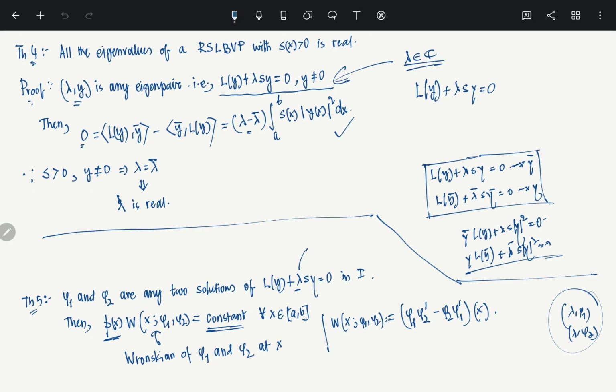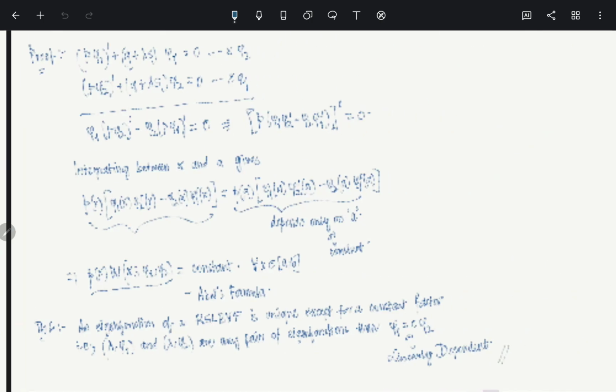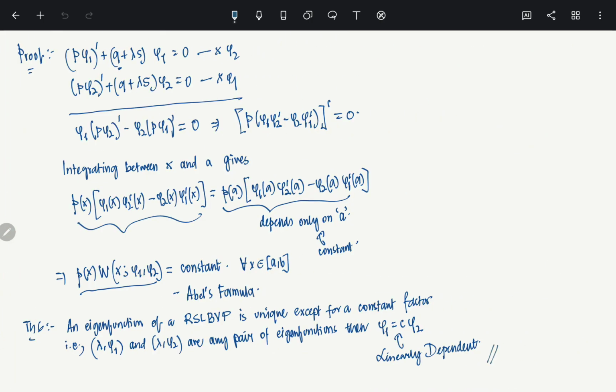Okay. Now you can ask what is the point, if everything is the same. No, it's not. See, this particular theorem, theorem 6. The other two theorems hold, but theorem 6 does not hold.